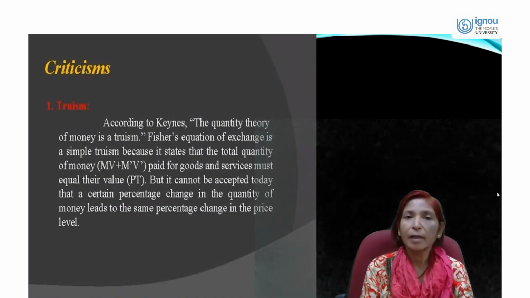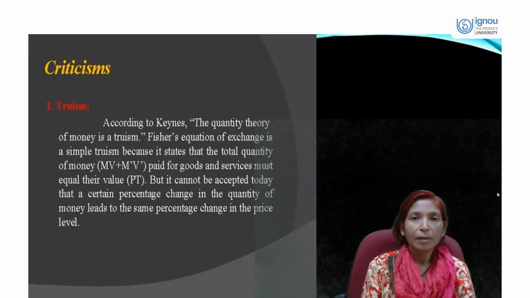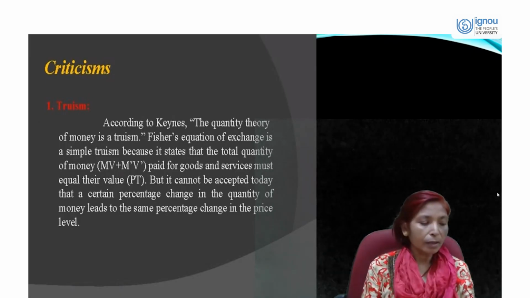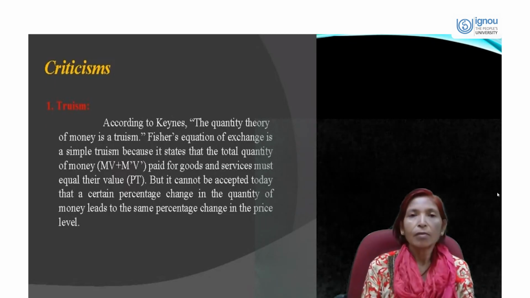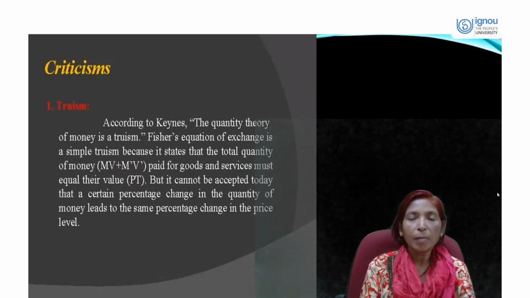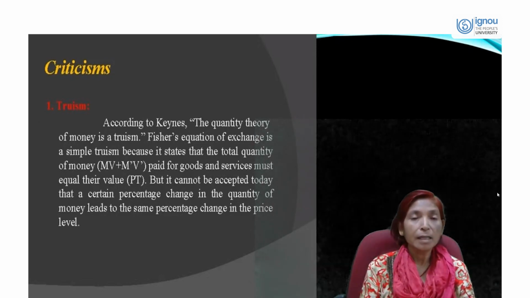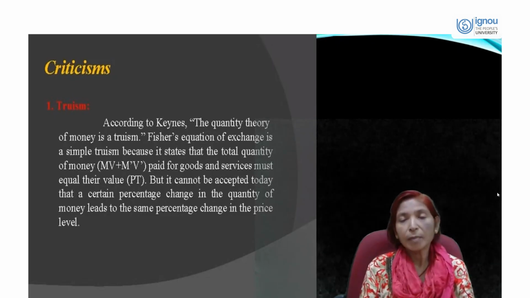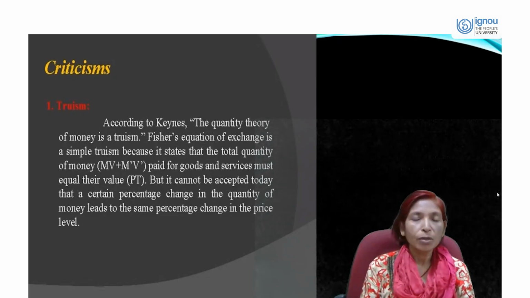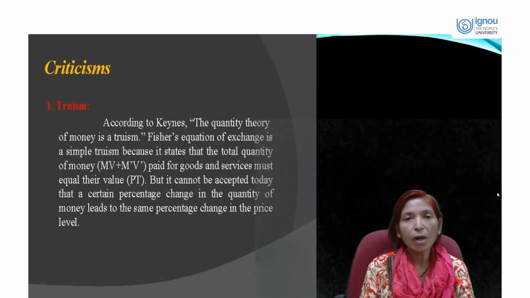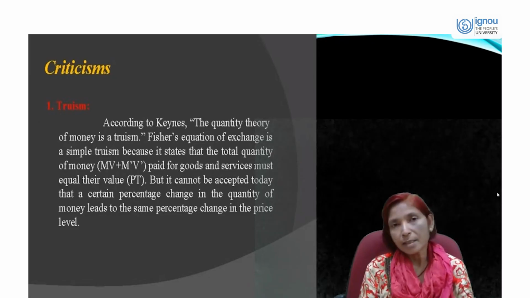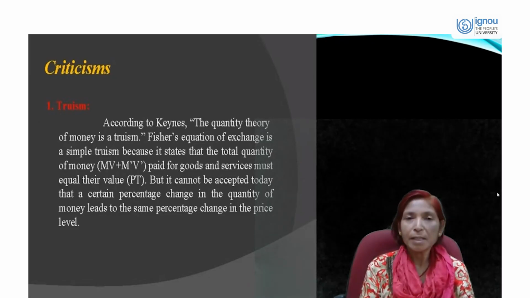Now next is criticism of this theory. You know that Irving Fisher's quantity theory of money was based on some unrealistic assumptions, assumptions which are not operational or practically do not actually exist at present, because Fisher assumed that P is a passive factor.